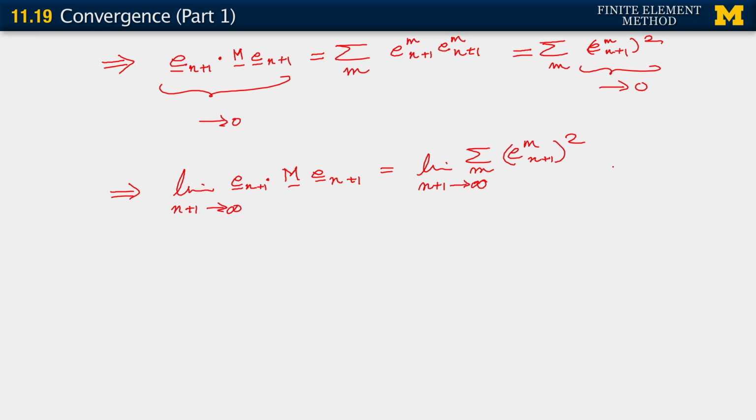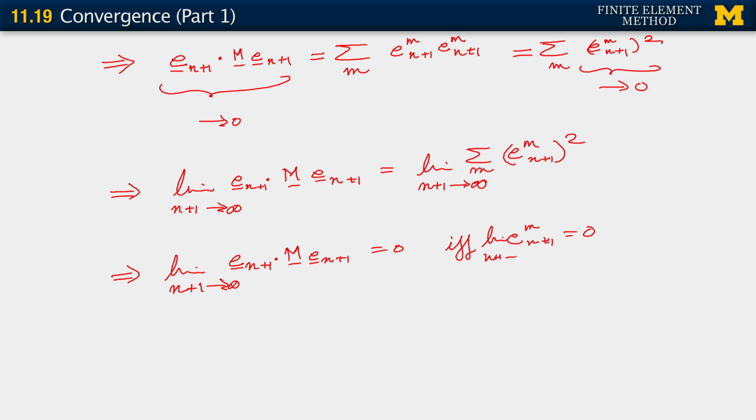Okay, all right, so the limit as n+1 tends to infinity of E^{n+1} dotted with E^{n+1} equals 0 if and only if each E_m^{n+1} equals 0 in the limit. Right? So it means that it's okay to just look at what happens with the modal coefficients.